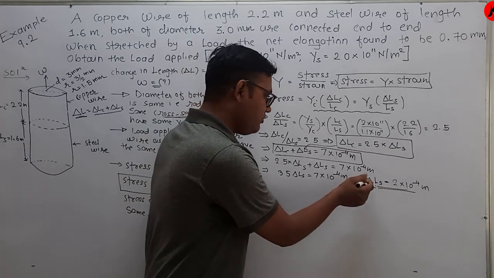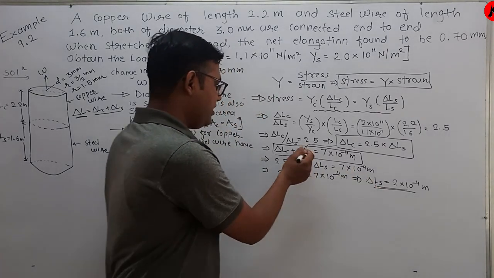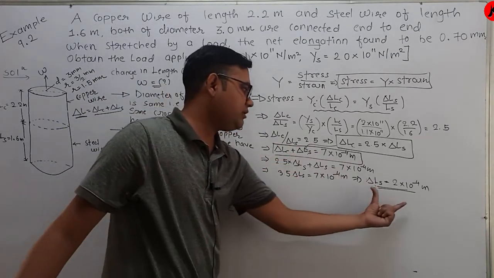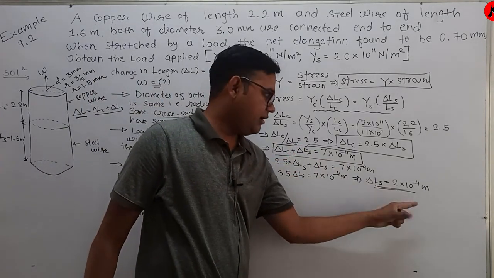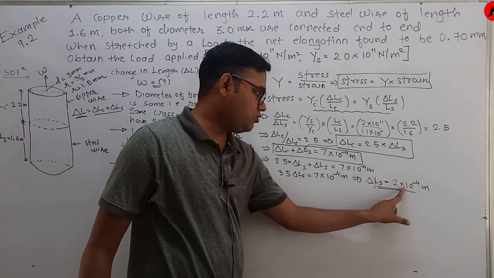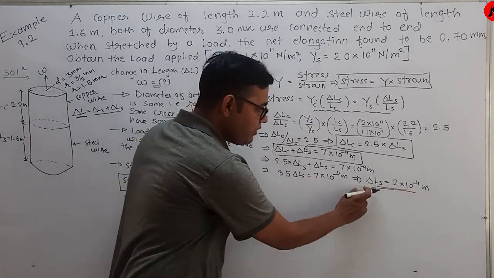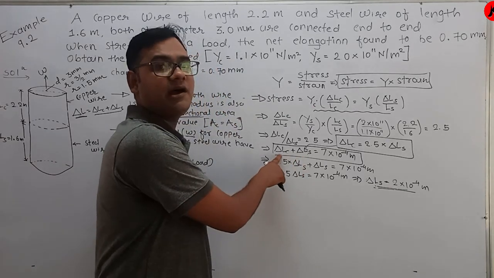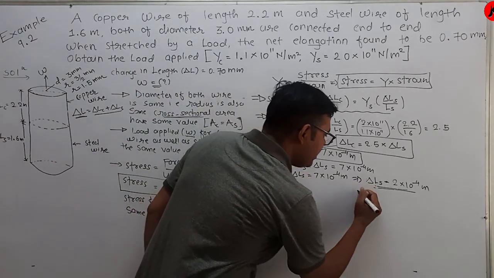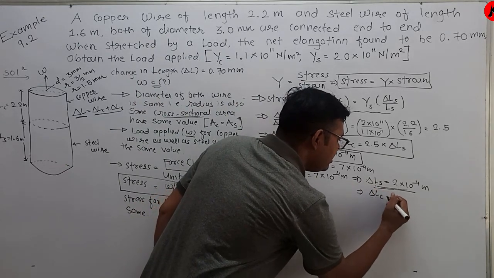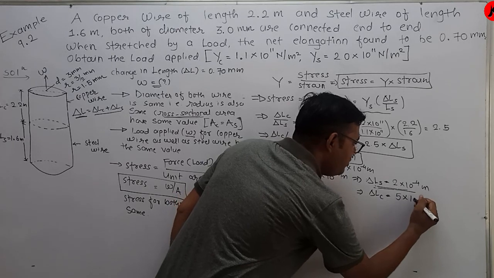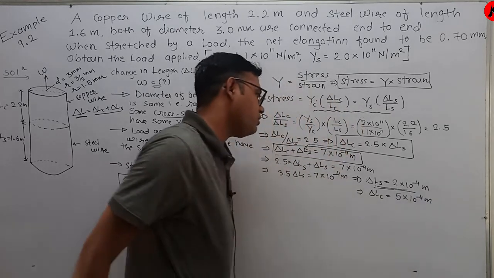Put this value of delta LS in this equation, and we will get the value of delta LC. So delta LC can be calculated as 5 into 10 raised to minus 4 meter.